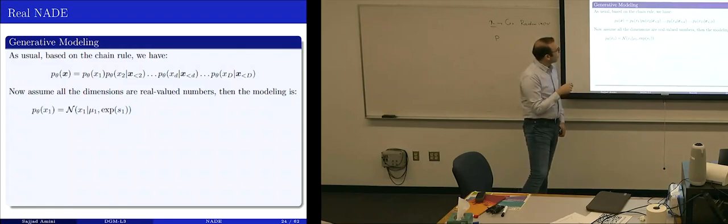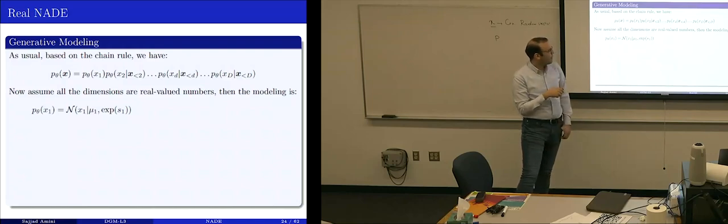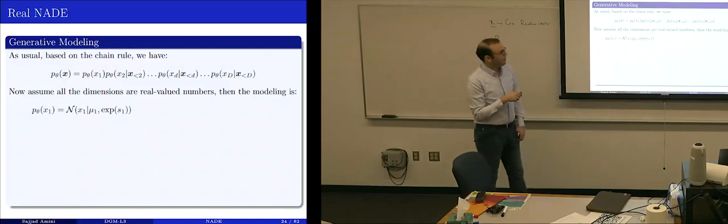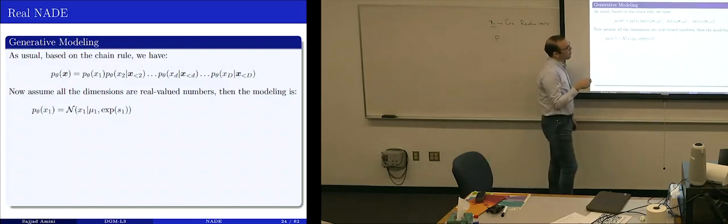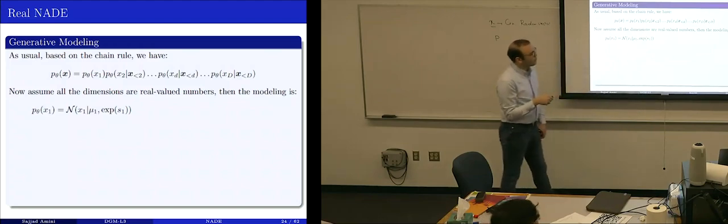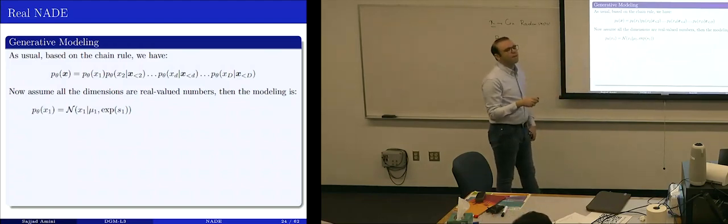You know, assume that I select the normal or Gaussian random variable to model x1. So it means that the distribution over x1 is a normal random variable x1 given these parameters, mu1 and exponent of s1. The exponent is just added to make sure that the result is positive. It is not something important.